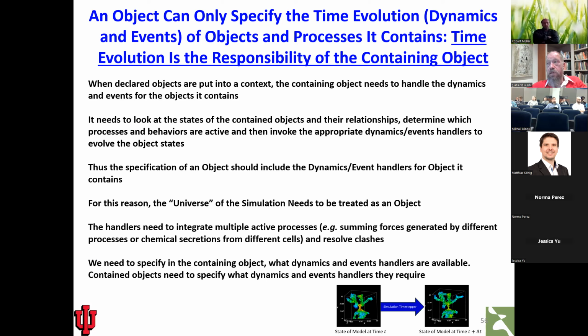Because we're talking about interactions, how the properties of an object evolve in time can't be decided by introspecting the object, because what happens to that object is going to depend not only on its own state, but also on the environment, the other objects that surround it, and those are going to change in time. And so an object needs to have within it a set of dynamics and event handlers that handle not its own evolution, but rather the evolution of the things that it contains.